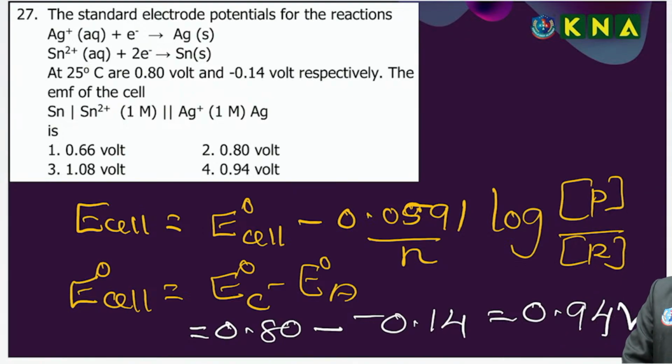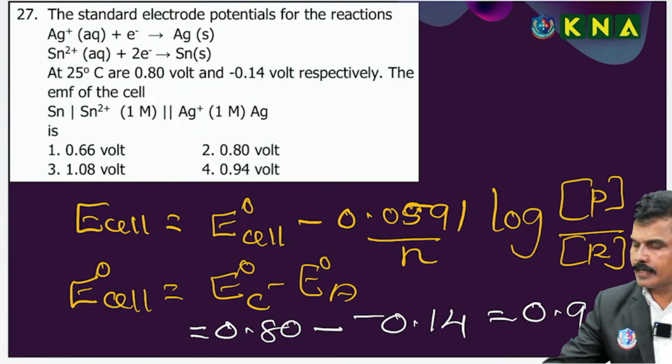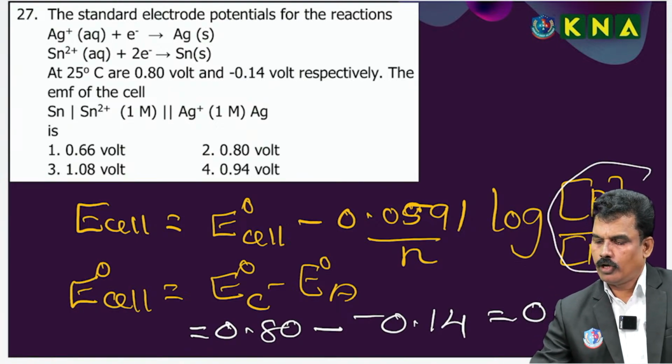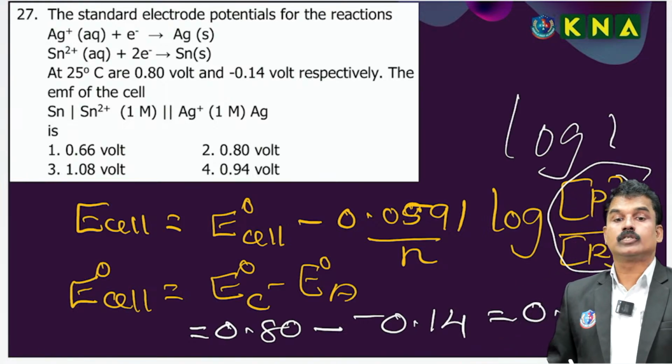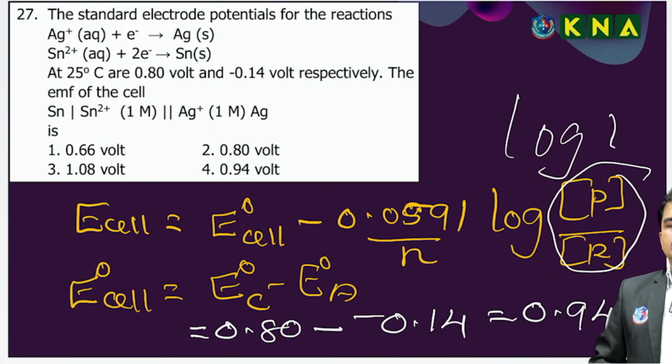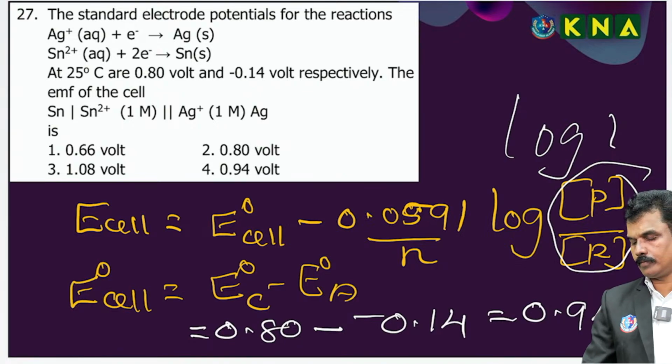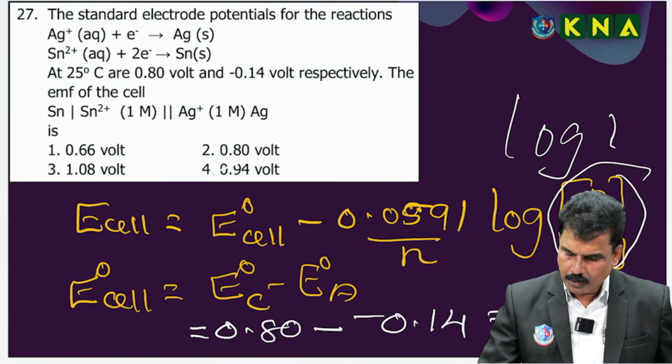Now product concentration and reactant concentration, just to check. Sn2+ 1 molar, Ag+ 1 molar. So when you are substituting, you are getting log 1. But log 1 is 0. So E cell becomes equal to E0 cell, 0.94 volt. So the fourth option will be the correct option.